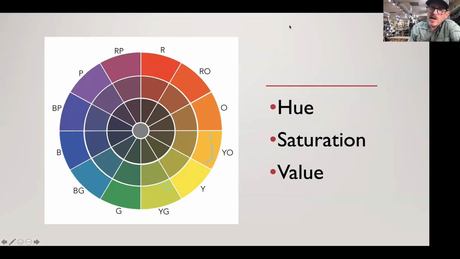So a fire hydrant typically is red. A fire hydrant's hue is not blue purple. It is not yellow. It is not even red orange or red purple. It is red. That is our hue.